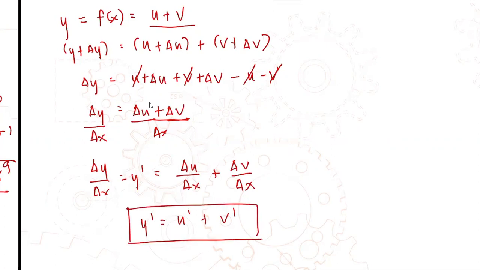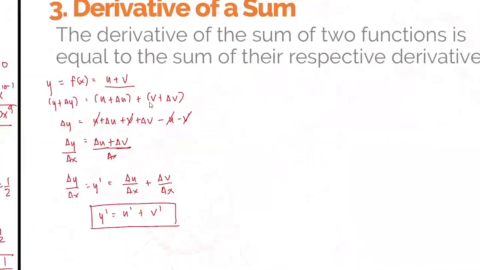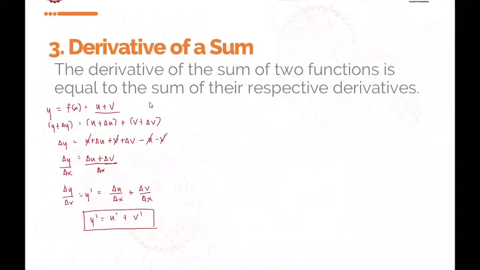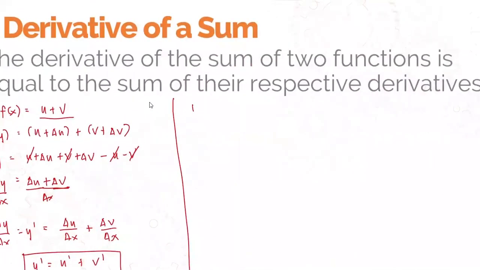So, it is just the derivative of the respective terms. Okay? Let's have an example for this one. Let's say, for example, we have y is equals to 5x^2 minus 4x^3 minus 9x^7. To get the derivative, we apply the derivative of a power to each term.